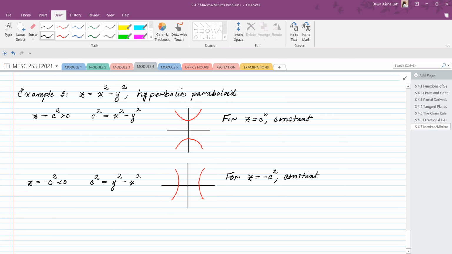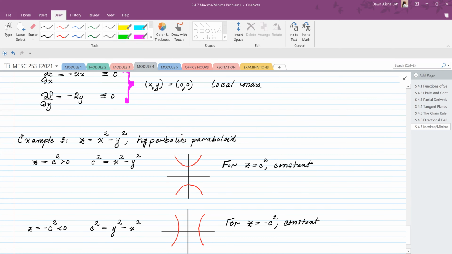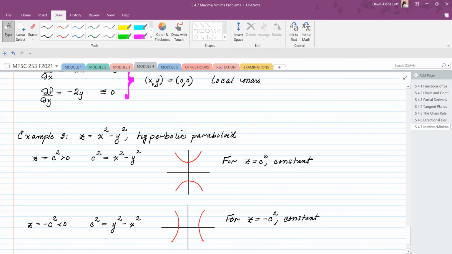Okay. But if y is equal to a constant, then I get z is equal to c, whoa. That's wrong. Oh, because I switched these.